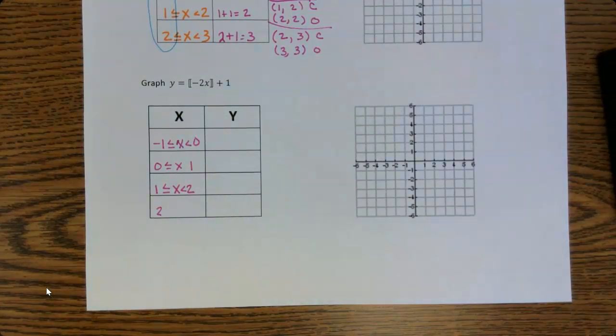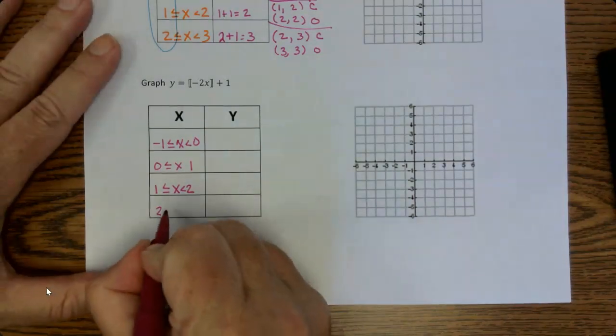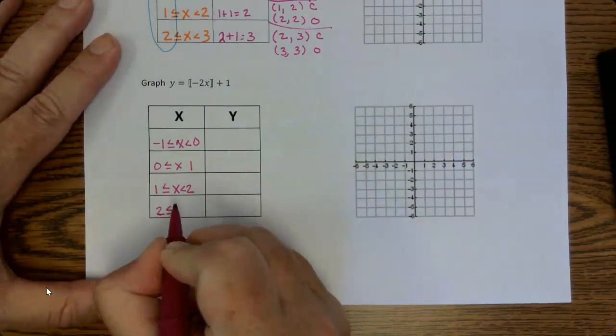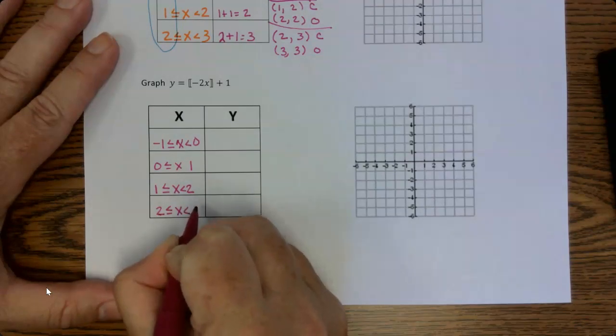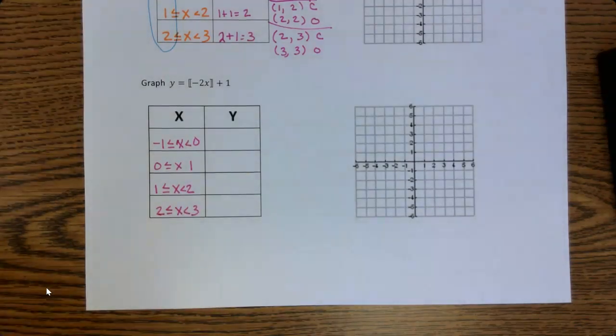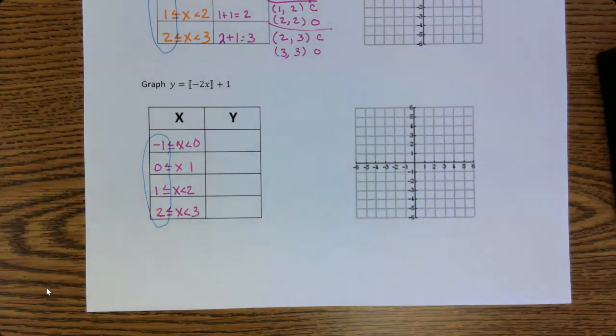So I can't do a 1 to a 3. I always have to just literally do 1 apart. Because remember, we're always just rounding down. And 3. Okay. So remember, if you need to, and feel free, circle this so you know these are the numbers we're going to use.